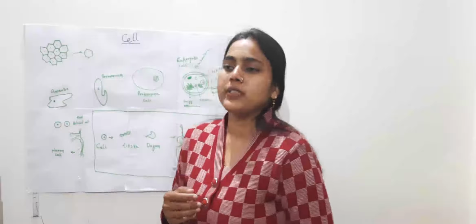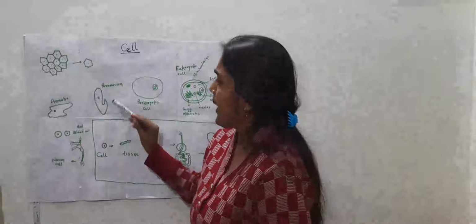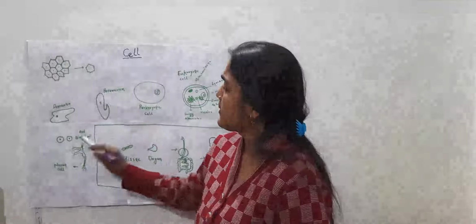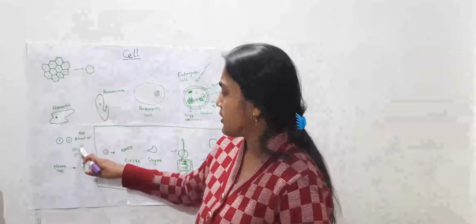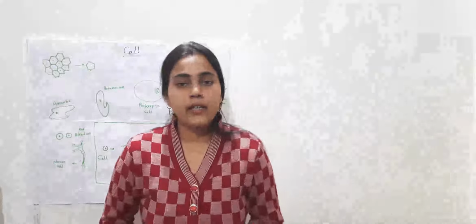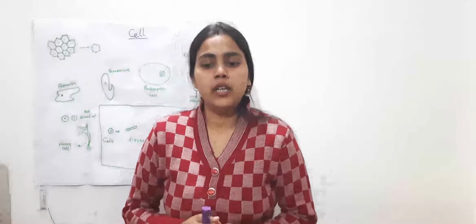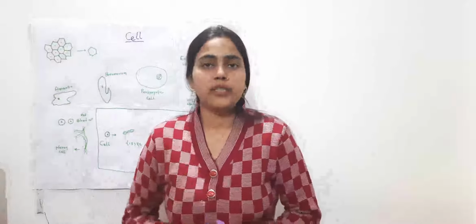Similarly, the WBC is also irregular in shape. This is a picture of a paramecium, this is a picture of a red blood cell, and this is a neuron cell of the human body. We can see here that even in a human body, not every cell is the same in size.